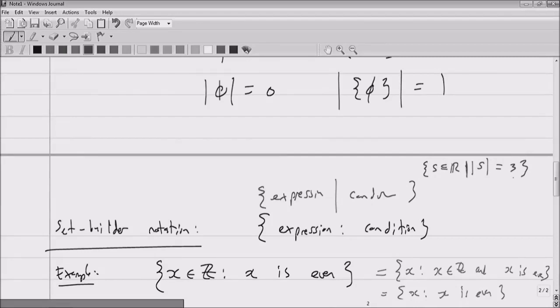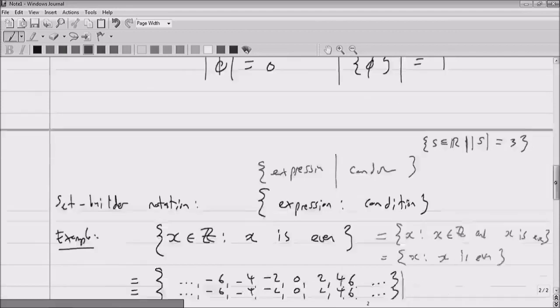So there we go. See, it just looks a little bit non-aesthetically pleasing, because now you've got these two vertical lines right next to each other, and one means cardinality and the other one means such that. Yeah? So I prefer the colon for that reason. But you can use vertical lines if you wish.